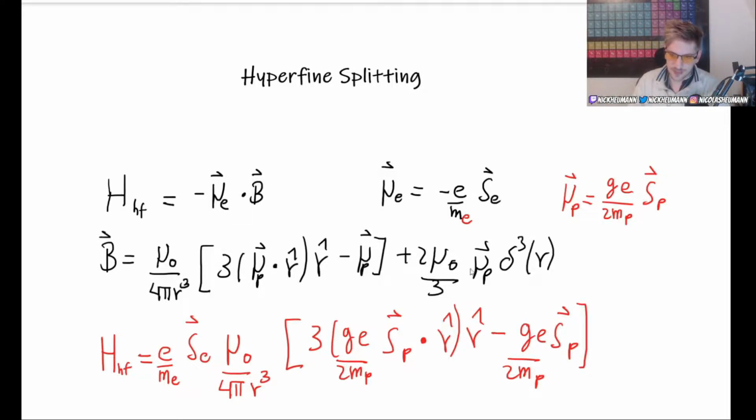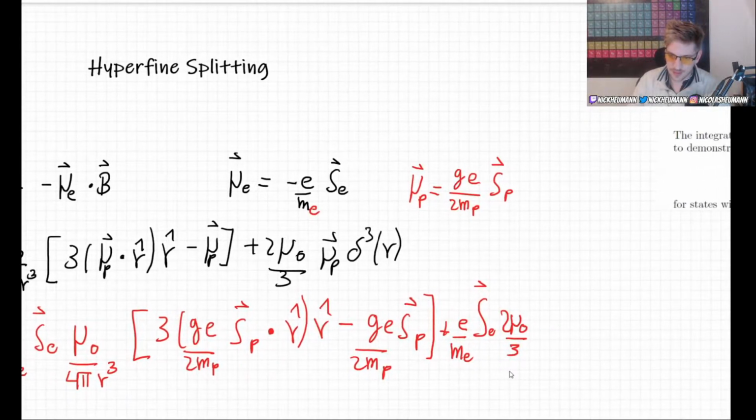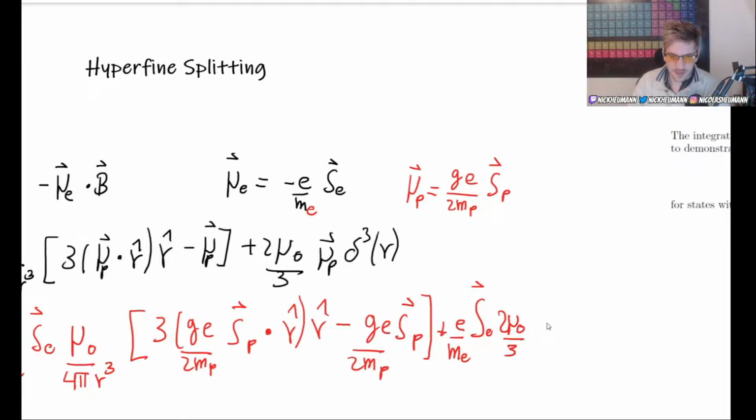All right, and finally, we still have to consider this last part, which is going to be plus e over the mass of the electron, then spin of the electron, then times 2 mu naught over 3. Let me move this entire thing.